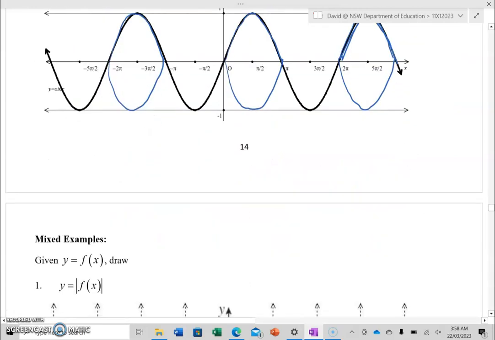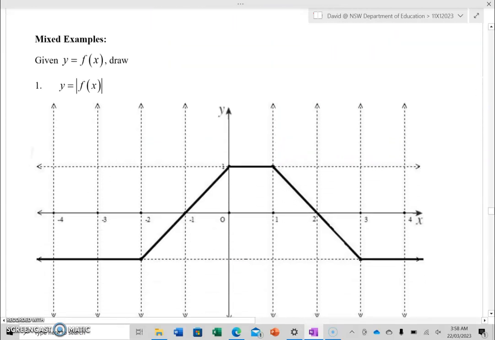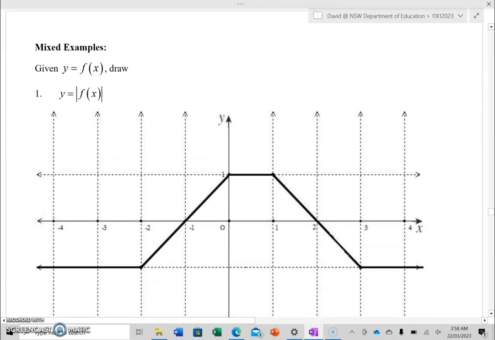Alright, let's do another one. Mixed examples. Recall if you have y equals absolute value of f of x, that's f of x if f of x is greater than or equal to 0, and negative f of x if the inside is less than 0.